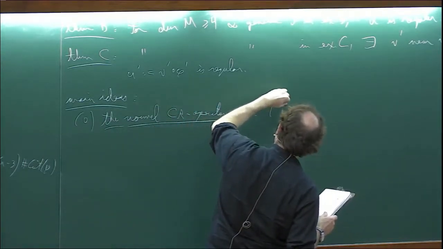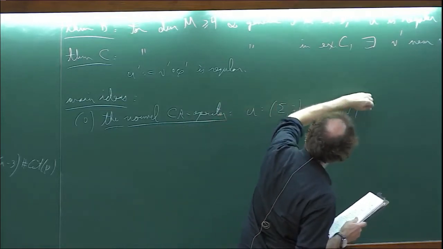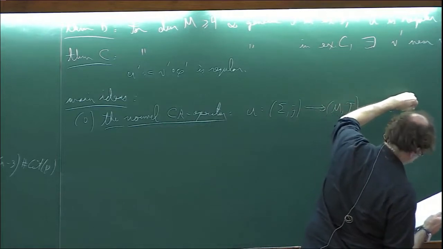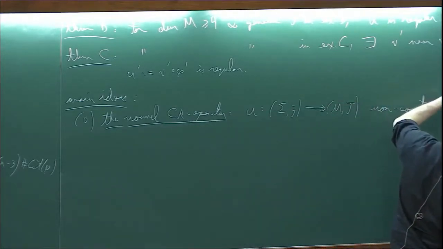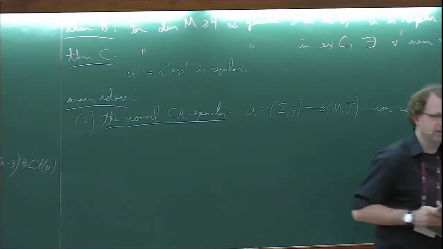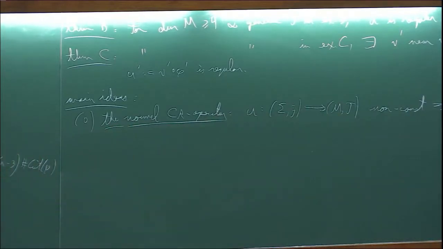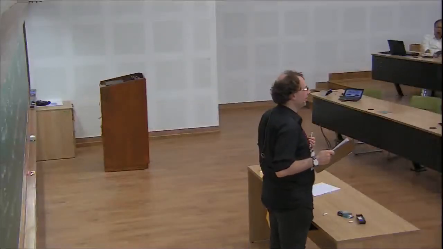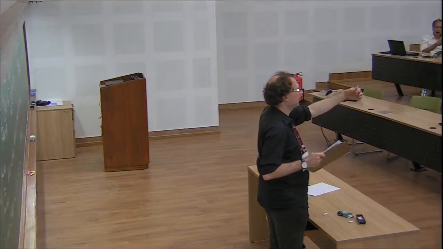So first observation, if u is a non-constant J-holomorphic curve, then its critical points are isolated. I should maybe specify this is a usage of the term critical points that's a little bit at odds with differential topology. You usually say a point is critical if its derivative is not a surjective map.